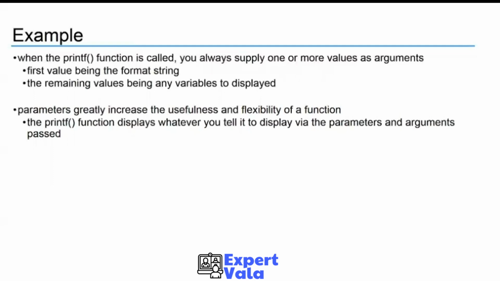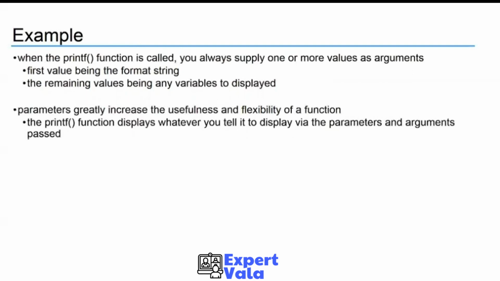Either the strings inside the quotes or variables that you want to display. This is why it's so important to be able to pass data to a function. It greatly enhances the usefulness and the flexibility of a function. If functions did not have the capability to accept data, they would not be as useful. In the example that I provided in the last lecture, where we had a function that displayed output, it didn't really do much.